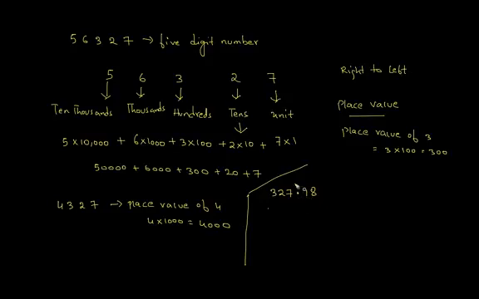Before the decimal point, this is the left hand side, this is the right hand side, right? The left hand side is called the integral part or whole number, right? This is called the decimal part, right? So 0.98 is called the decimal part and 327 the whole number, right?